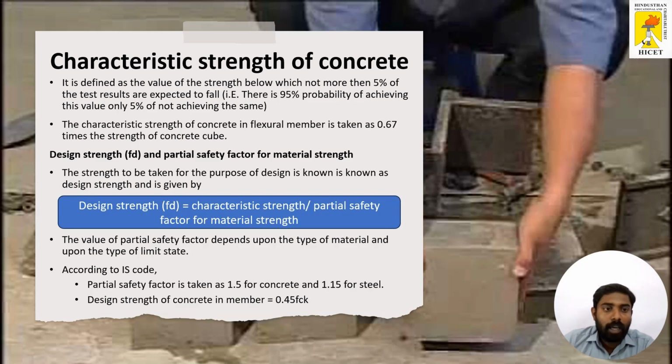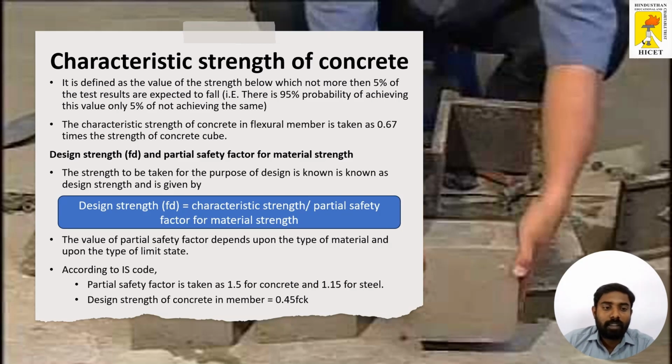concrete cube. Now the design strength and the partial safety factor for the material strength: the strength to be taken for the purpose of design is known as the design strength, and it is given by design strength equal to characteristic strength divided by the partial safety factor of the material.